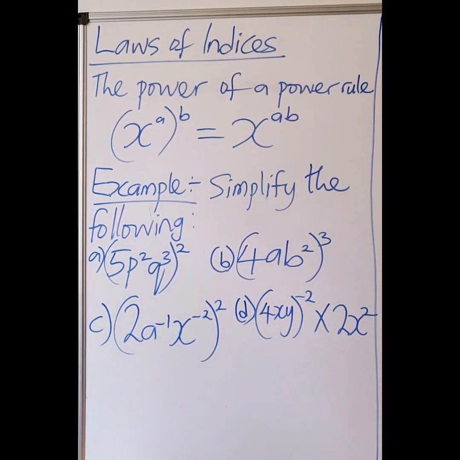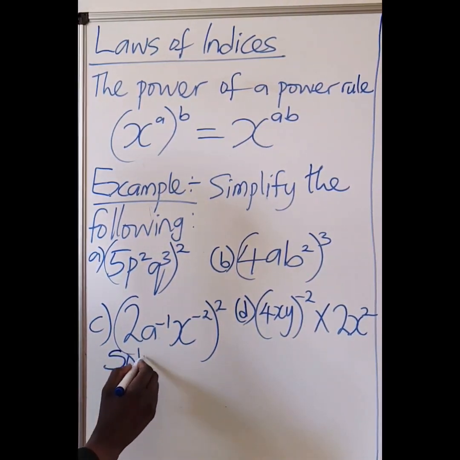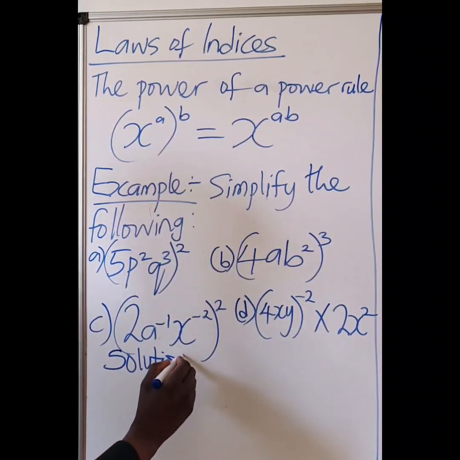I have some examples here, and the first one is 5p squared q raised to power 3, everything raised to power 2. So I'll start with the first one.